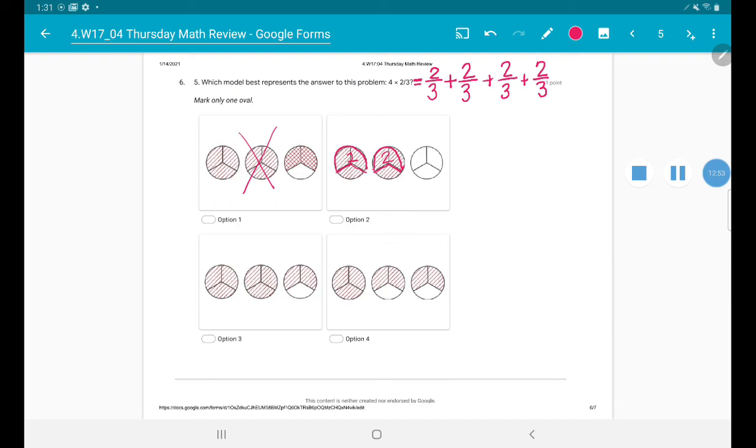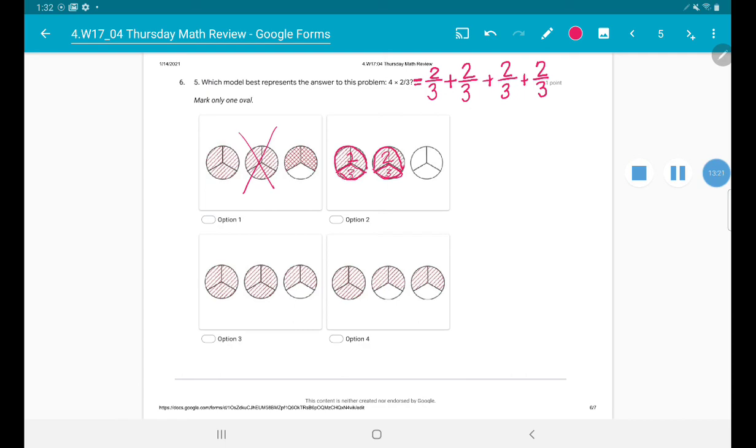That gives me another group of 2/3. How many 2/3 was that? 1, 2, and these 2 together make 3 groups of 2/3. So does that represent 4 times 2/3? No, I've got to have another group of 2/3.